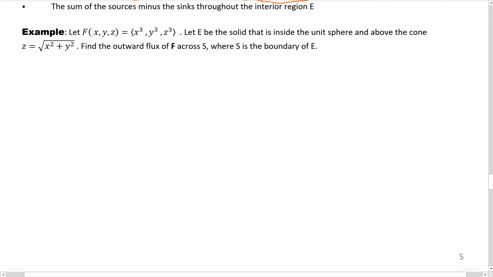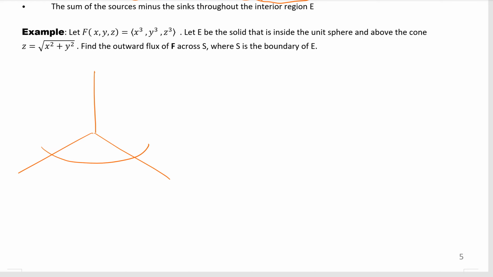Let F be the vector field x cubed, y cubed, z cubed. Let E be the solid that is inside the unit sphere and above the cone z equals square root of x squared plus y squared. Find the outward flux of F across S, where S is the boundary of E. So let's draw some picture. We have a unit sphere, right?